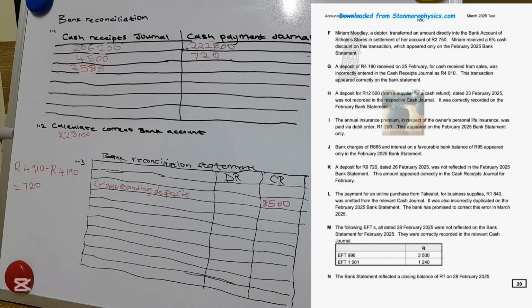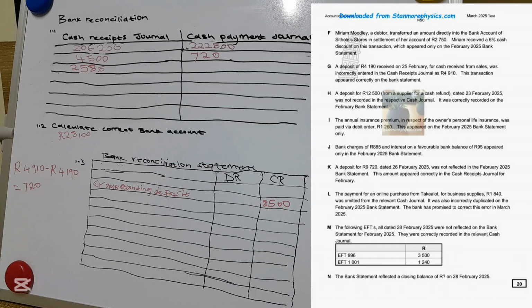We go to number H. Number H, it says a deposit for 12,500 from a supplier for a cash refund dated 23 February 2025 was not recorded in the respective cash journal. It was correctly recorded on the February bank statement, meaning this amount was correct.